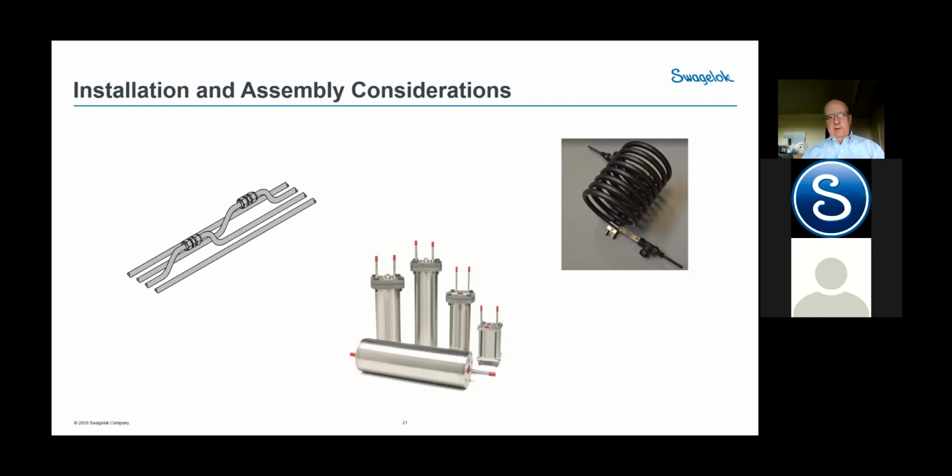The last method is threaded connections. Never use threaded connections. You ask 10 people how to put threaded connections in, you get three different answers. You ask 20 people, and you get 20 different answers. The other thing is that in these sampling systems, you're going to have expansion and contraction.